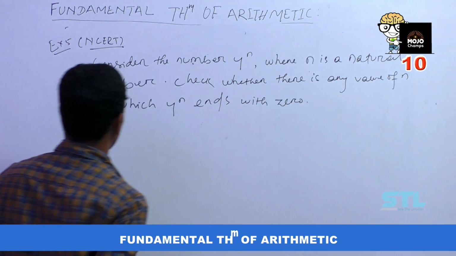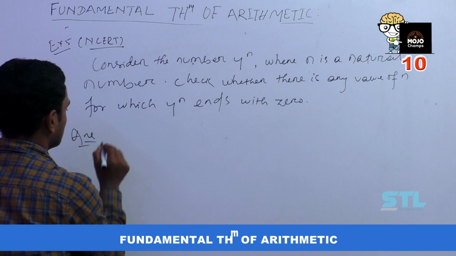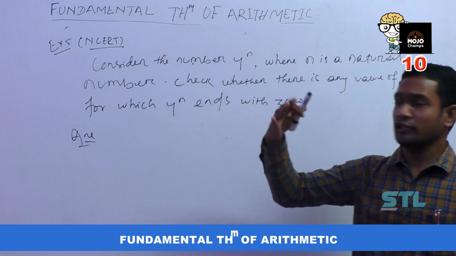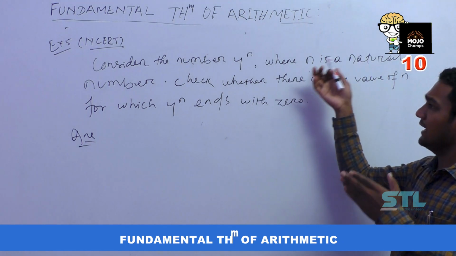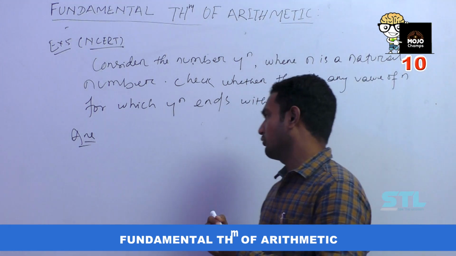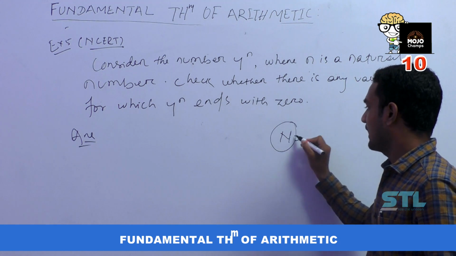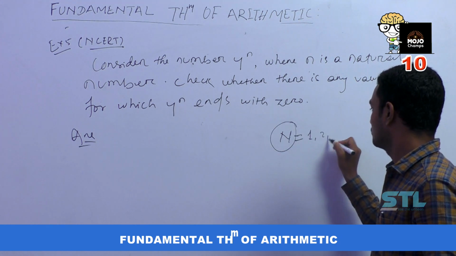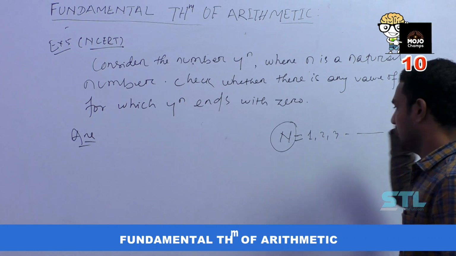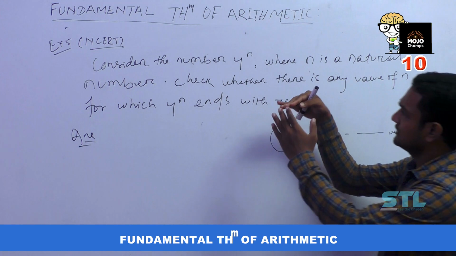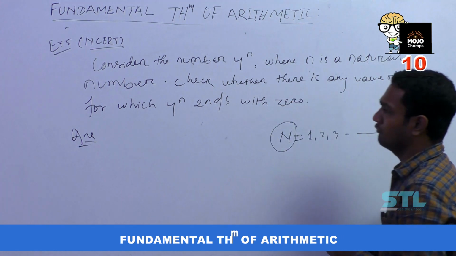So now we'll solve this. The number is 4 to the power n, where n is a natural number. All of you know what a natural number is. It is denoted by capital N, and the natural numbers start from 1 and go on to infinity. So n is a natural number. Check whether there is any value of n.